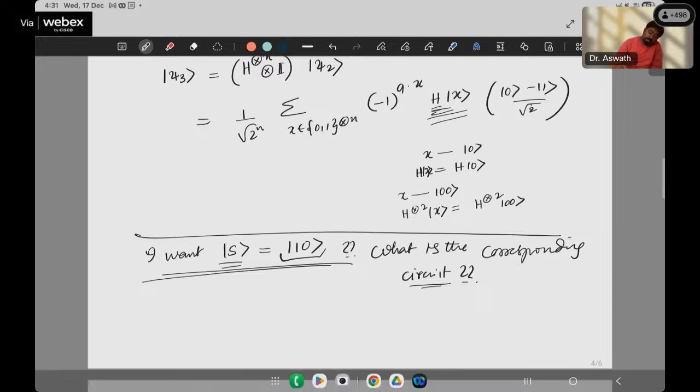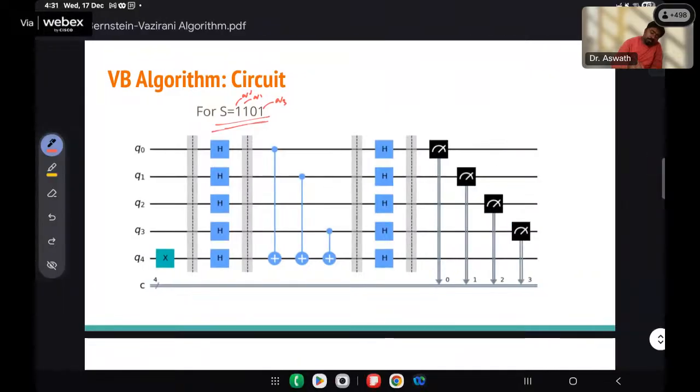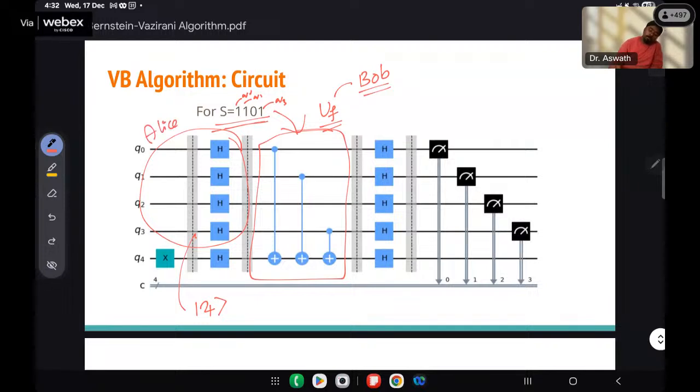My x I am feeding is this one, and this part is designed as per the S, which I am not able to see. Let's say this is the unitary function Bob is using. Alice will create her quantum state and give it to Bob. Alice prepares, gives it to Bob. Bob processes it and gives this part back to Alice.